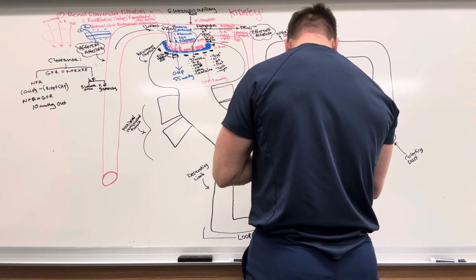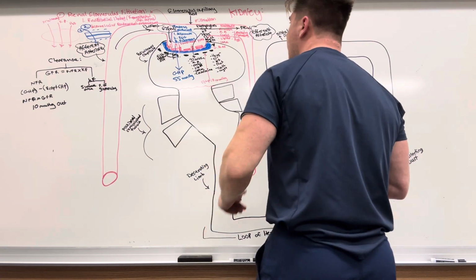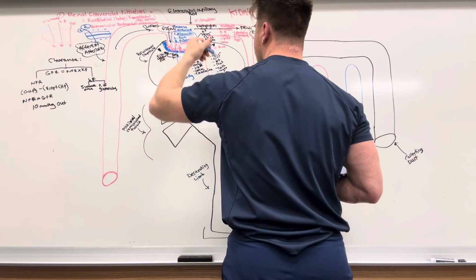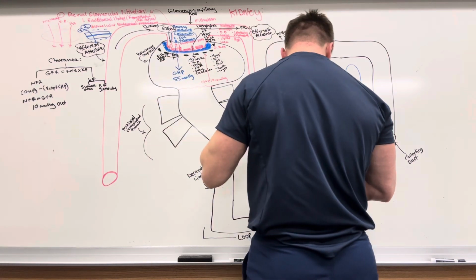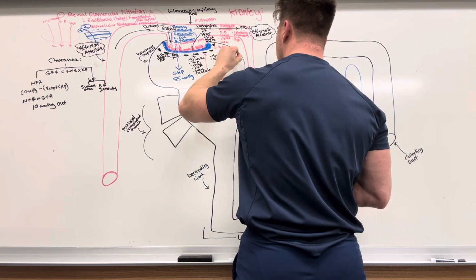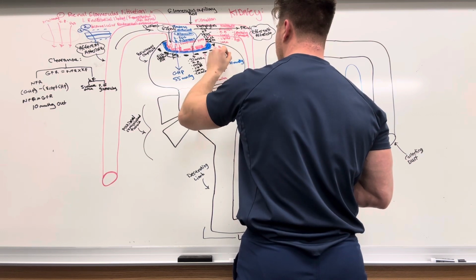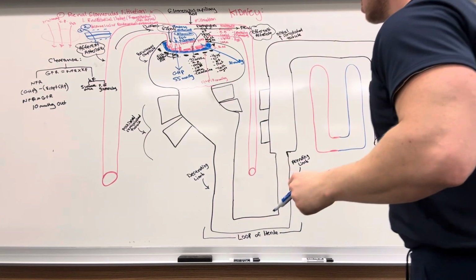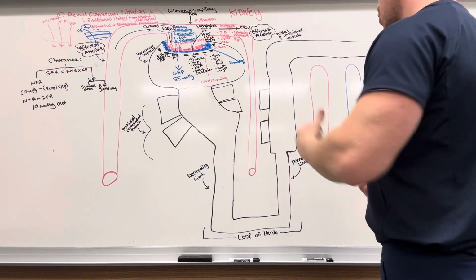Then we have our BCOP, and that's because of a protein called albumin, which attracts the fluid to come in at a rate of 30 millimeters of mercury. And that's how our pressures are working.